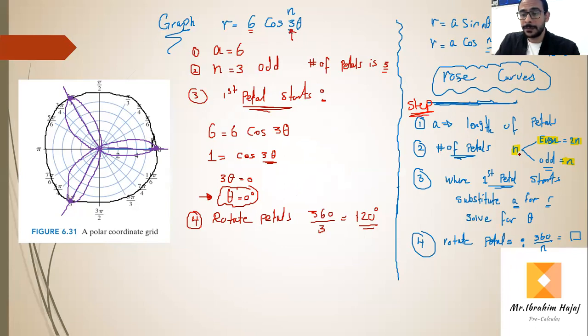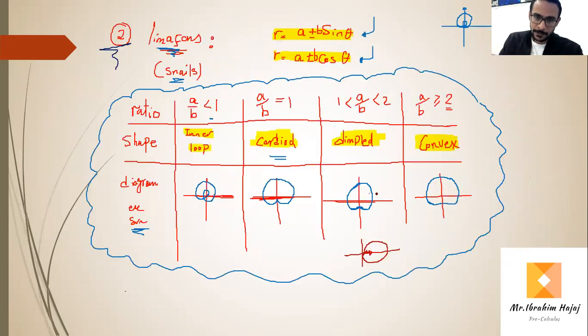If n is even, like 2, 4, 6, 8, we have 2n petals. If n is odd, we have the same number of petals as the value of n. Step 3, where the first petal starts: substitute a for r and solve for theta. Step 4, rotate petals: divide 360 degrees by the value of n to get how many degrees to rotate.